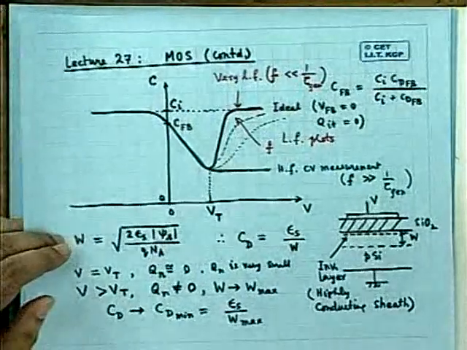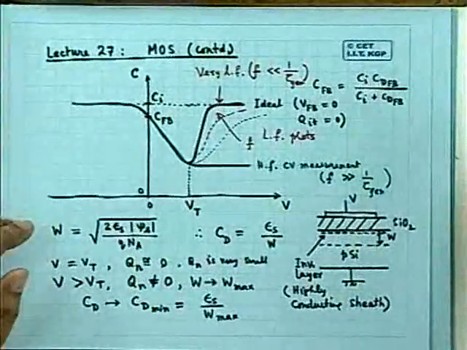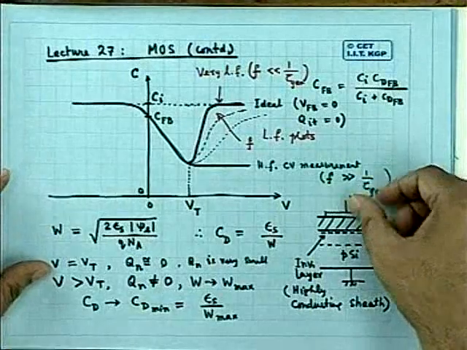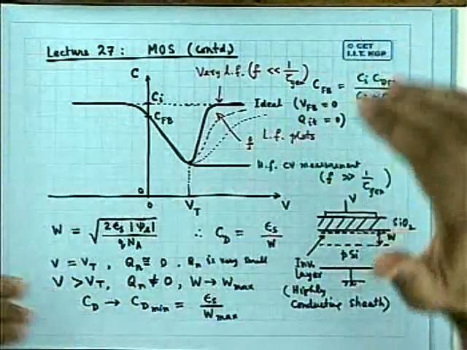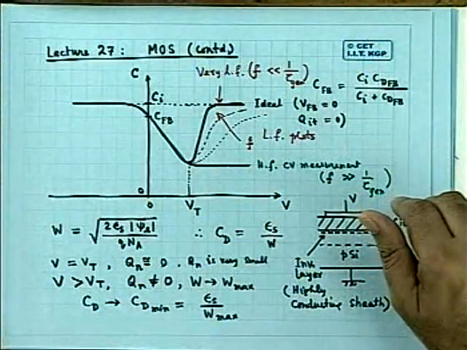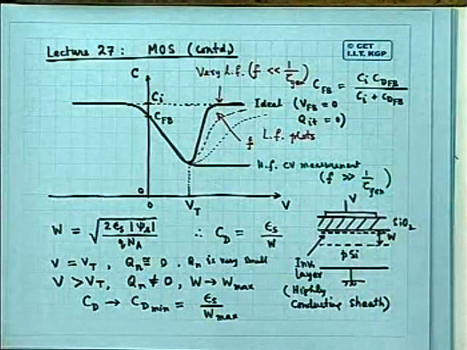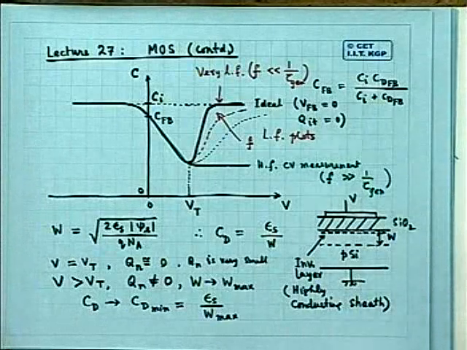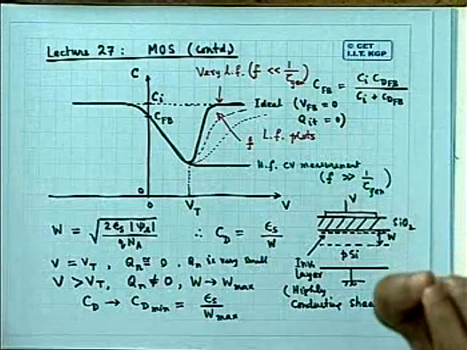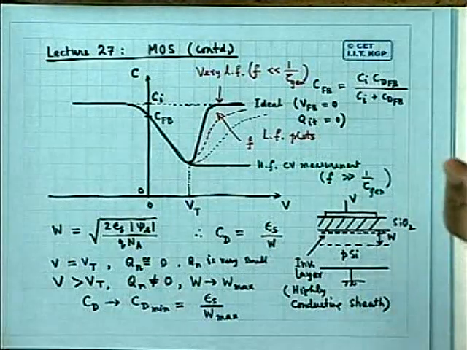Now, what happens? Suppose I apply the gate bias here, not in a steady state fashion. Here what I am doing, I am applying 1 volt, 1.5 volt, 2 volt, 2.5. I am applying the voltage and waiting for a few seconds, then taking measurements.